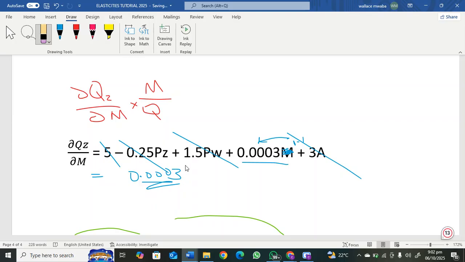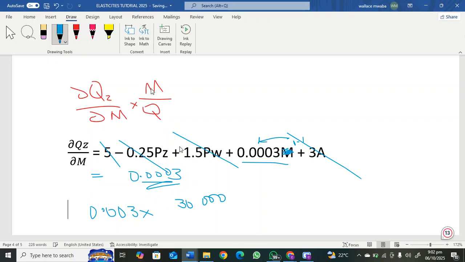Now that we've got the partial derivative, we can now solve. We're going to say 0.0003 multiplied by M. M, they told us, was 30,000 in the question. They gave us that information in the question.